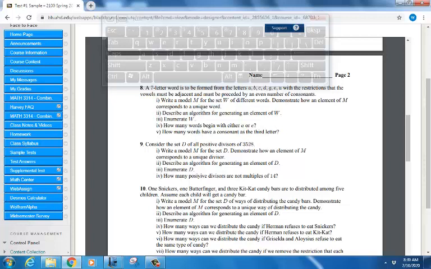Then if you know the number of possible executions of that algorithm, you can also count the number of words in your set, because each different execution of the algorithm should give you a different word, if you've got a proper algorithm. So if you know the number of executions of the algorithm, then you'll know also how many words there are in the set.